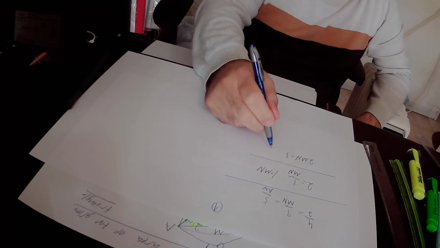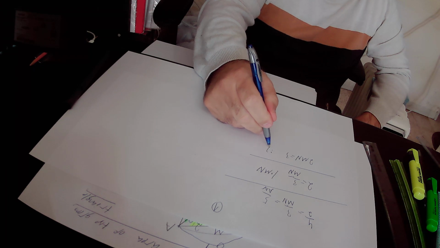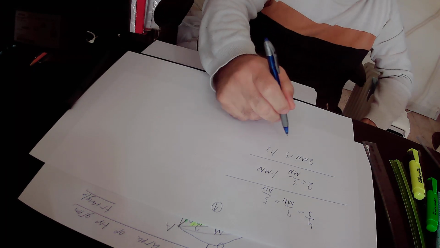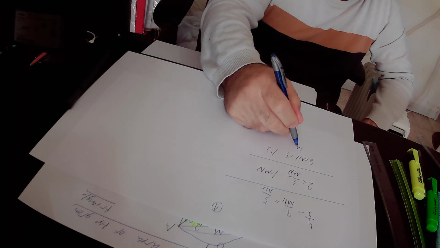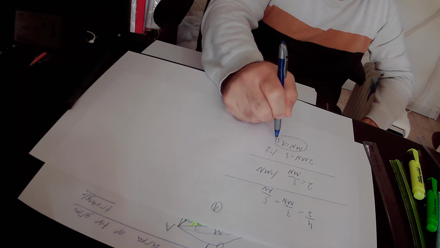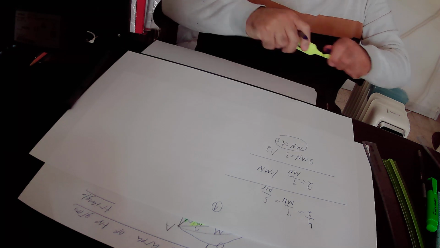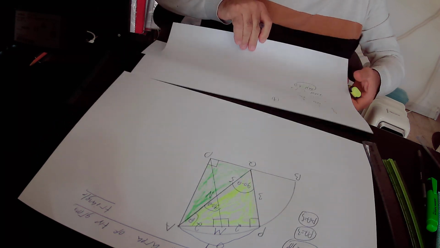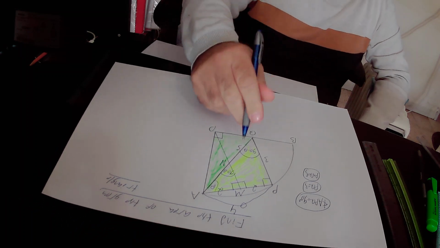We'll divide this equation by 2 and we'll get that MN equals 3 over 2, that is 1.5. MN equals 1.5 units in its length. So I write it down in the drawing that MN equals 1.5 units.